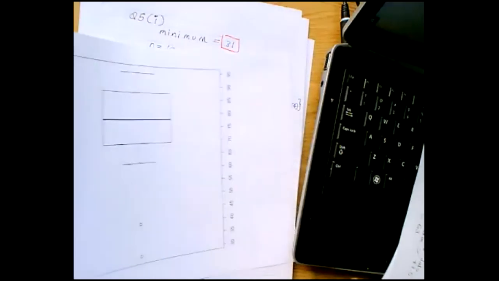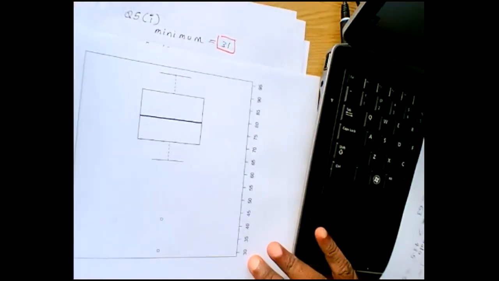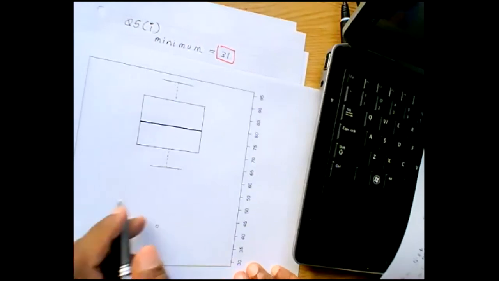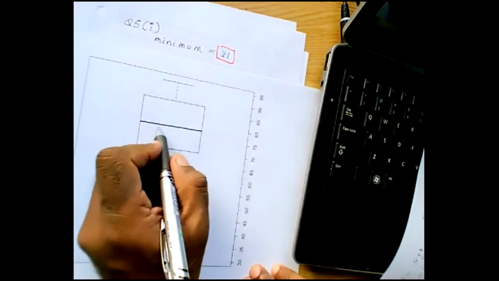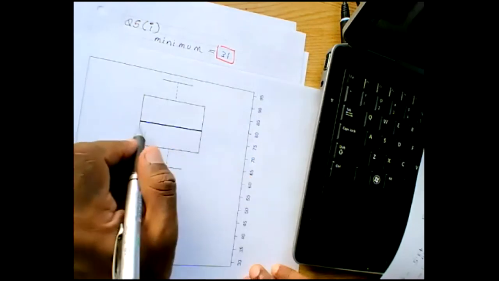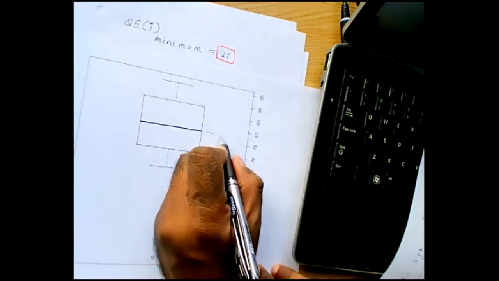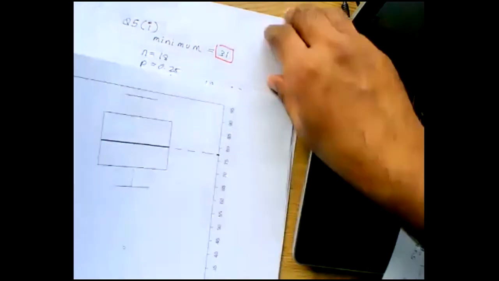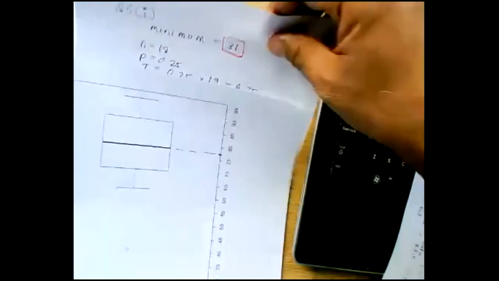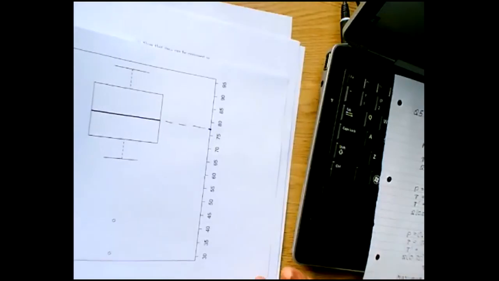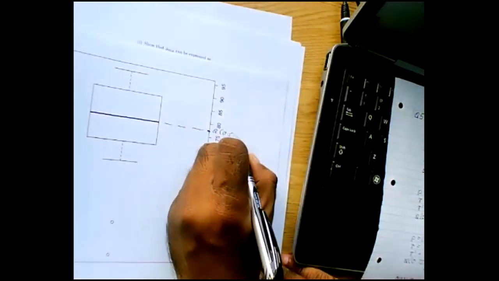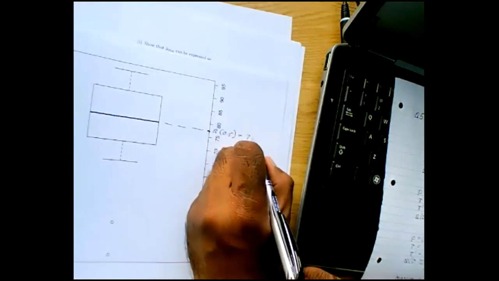So this is what I have actually done earlier. If you draw it, it will look something like this. The middle dark line corresponds to the median, which is Q at 0.5 is equal to 78.